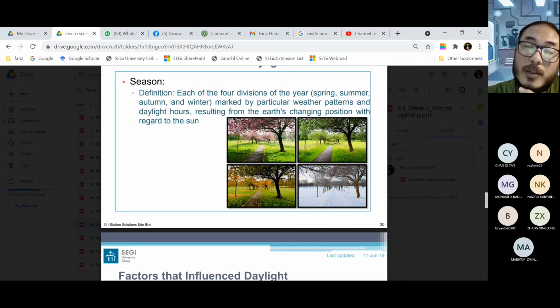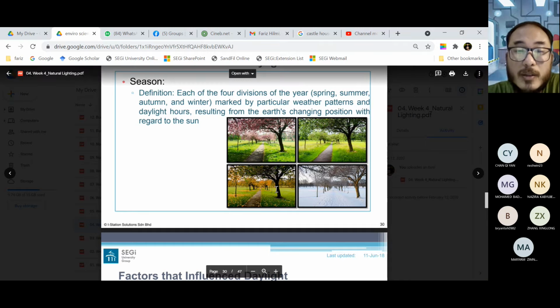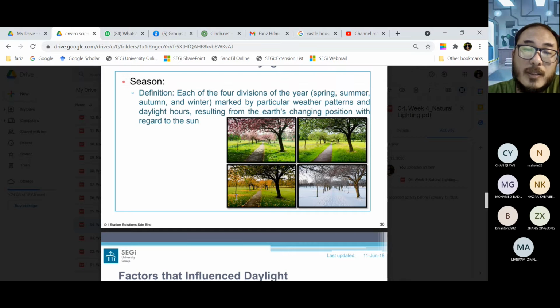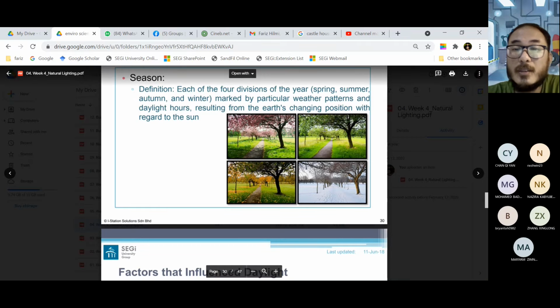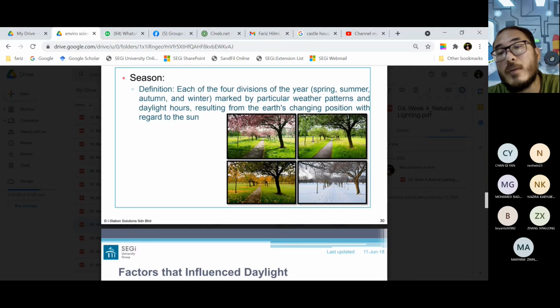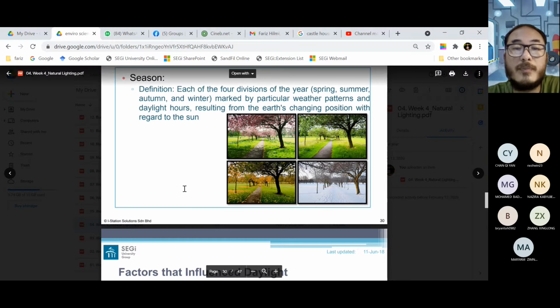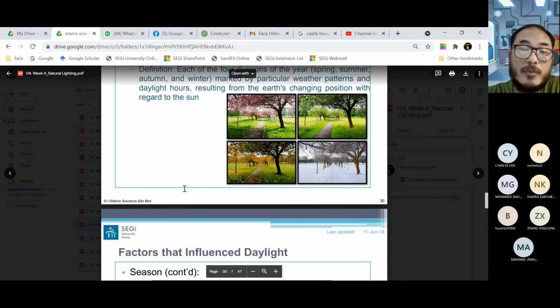A lot of plants with flowers blossoming. Then autumn, where a lot of leaves fallen, even you can see in the photo. And summer is the favorite time of the year. It's warm and nice to go out.